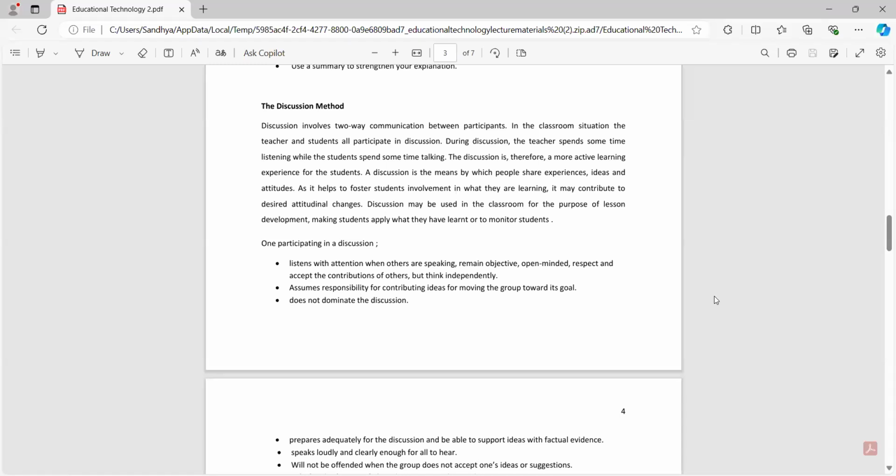You have to accept the contribution of others, and at the same time think independently without being influenced by others. That is a skill that you should develop. To be in a very good discussion, you have to accept others' opinions and know that they also have valid ideas. So you have to value them and show respect by valuing their ideas, remain objective without getting influenced, and have your own independent thinking as well.